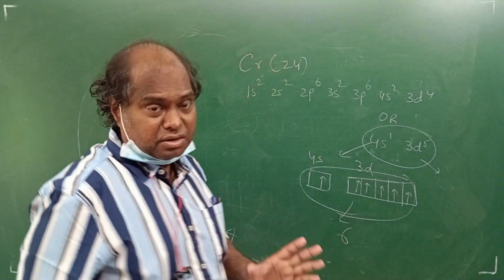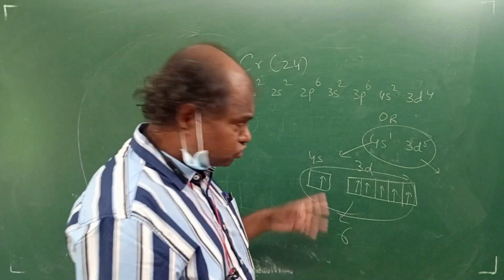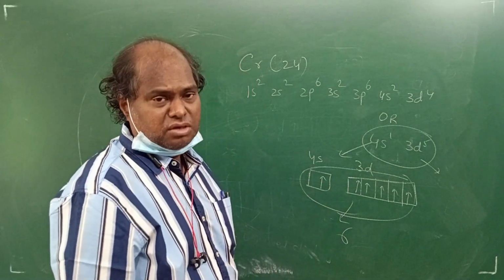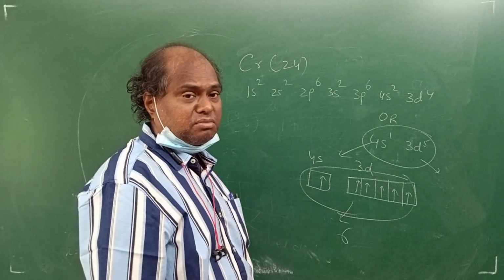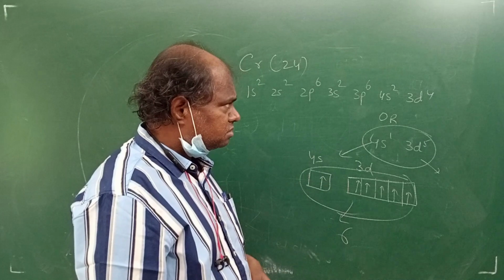So you'll get 6 unpaired electrons, a huge number, right? So chromium will be a very strong magnet, even stronger than iron. You might have thought that iron is the best magnet, but chromium is even better. Beautiful, 6 unpaired electrons are there.